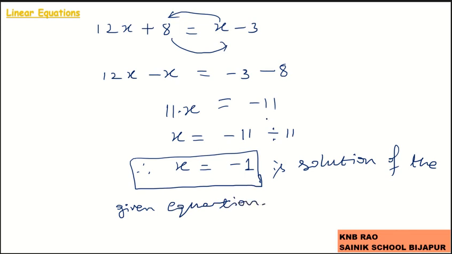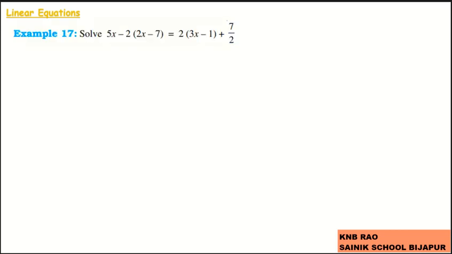Now, coming to the next question, example number 17, which further we can discuss. Here I have got so many variable terms in left hand side as well as in right hand side.